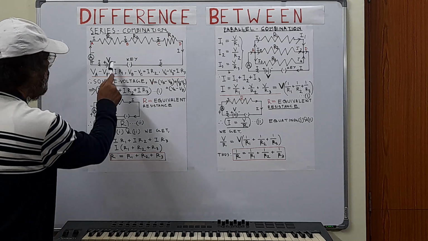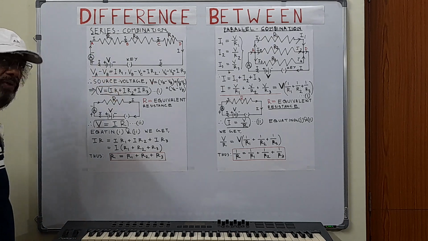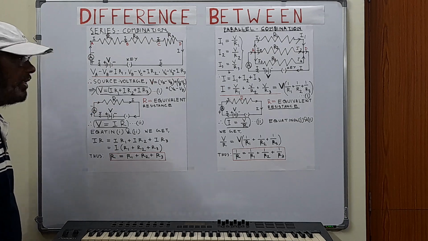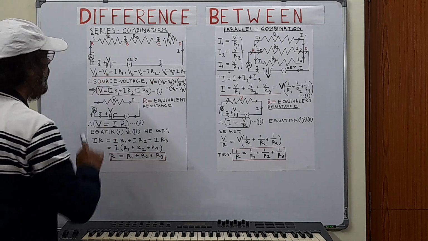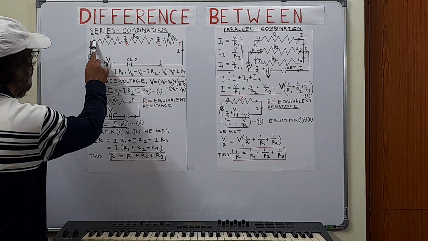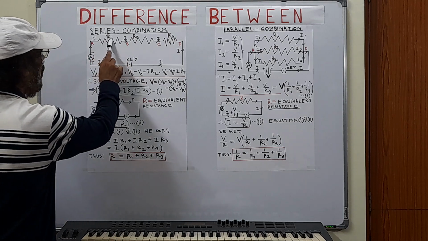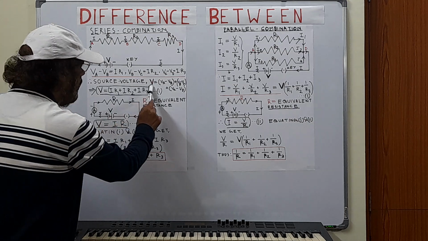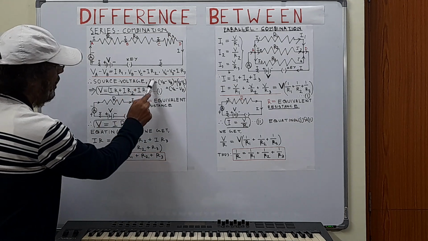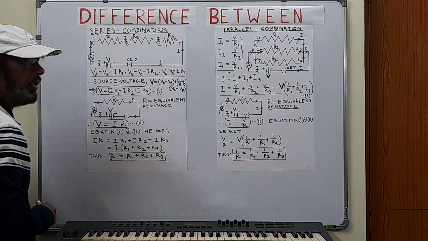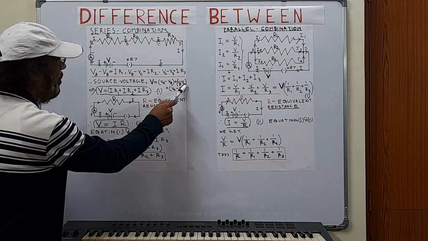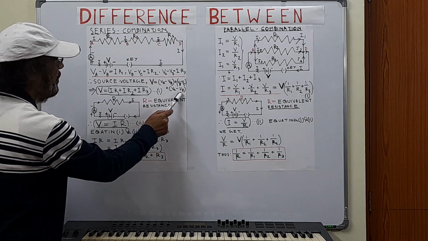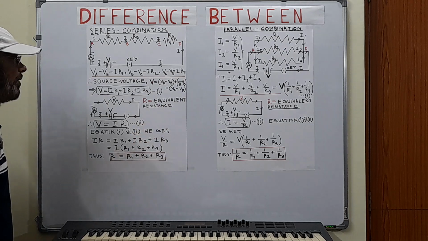Now, since the source voltage is given V, that is the battery voltage V, therefore this V must be equal to the sum of the potential differences across the three resistances. Therefore, we can write V equal to VA minus VB plus VB minus VC plus VC minus VD.